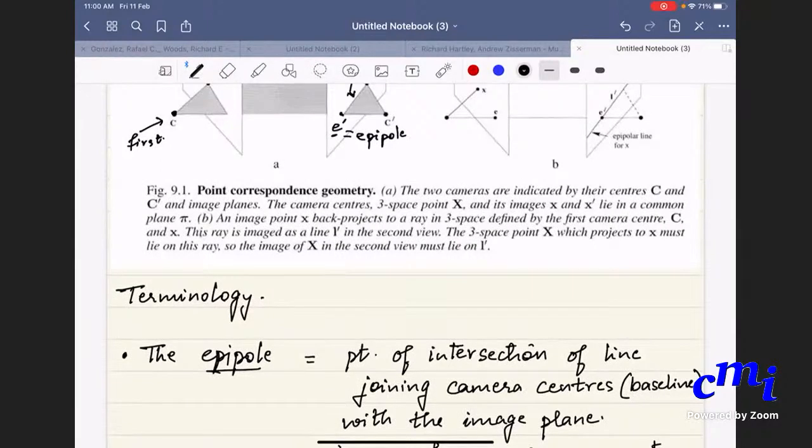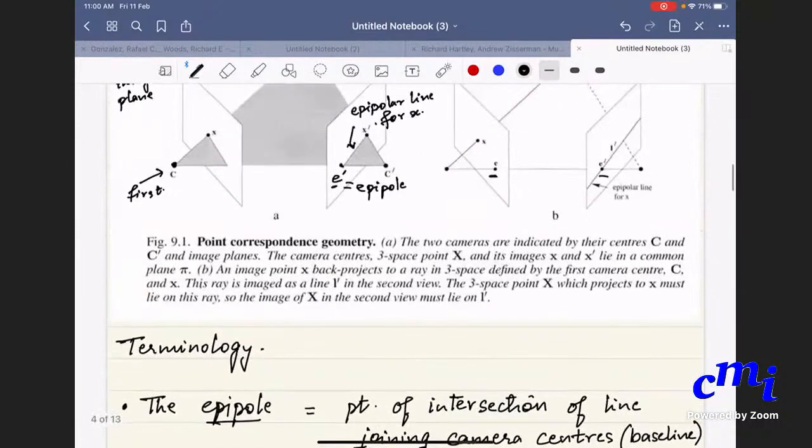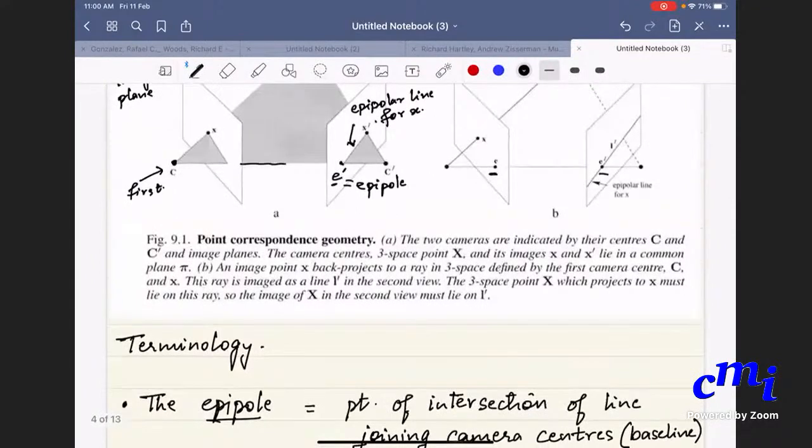I'm not saying which image plane, any image plane. So this as well as the other, E as well as E prime, both are called epipoles. This line that joins the camera centers is called the baseline.